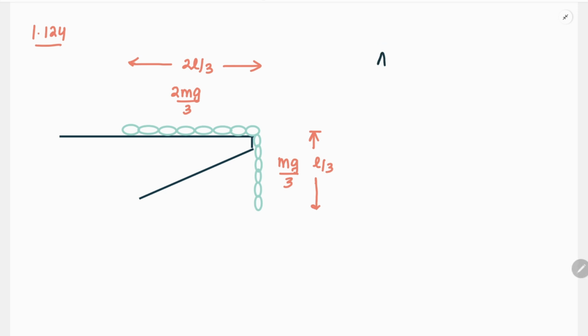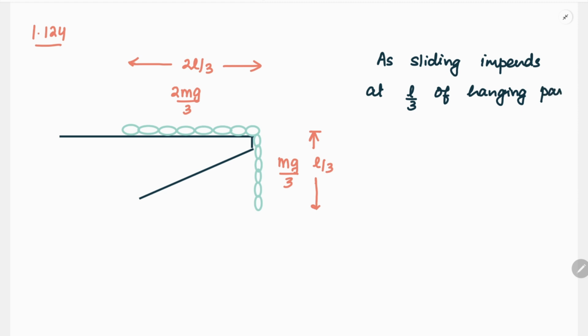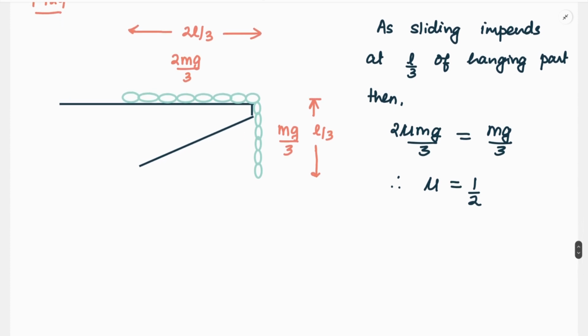So we write as sliding impends at l/3 of hanging part, then mu times 2mg/3 must be equal to mg/3, and on solving from here we get mu equal to half. So this is the value of the coefficient of friction which the table-chain system is providing.